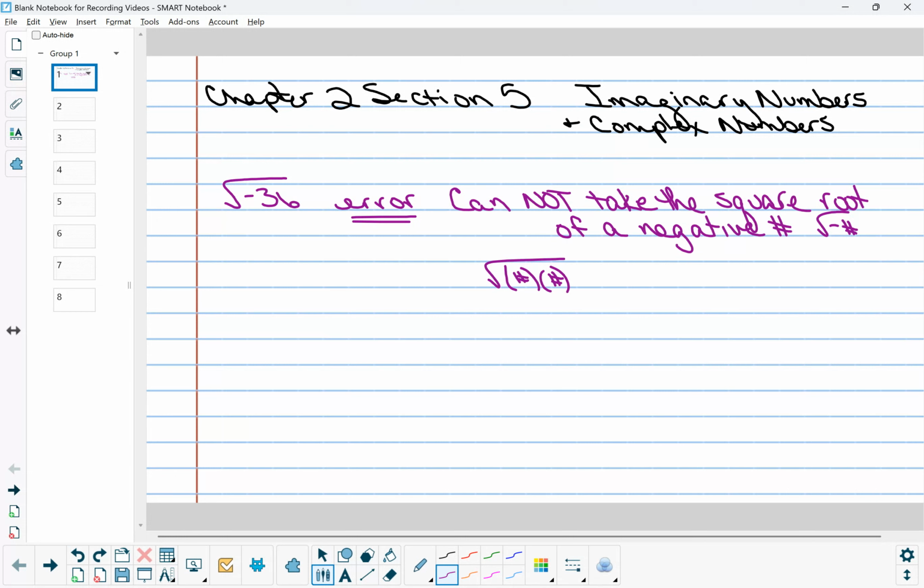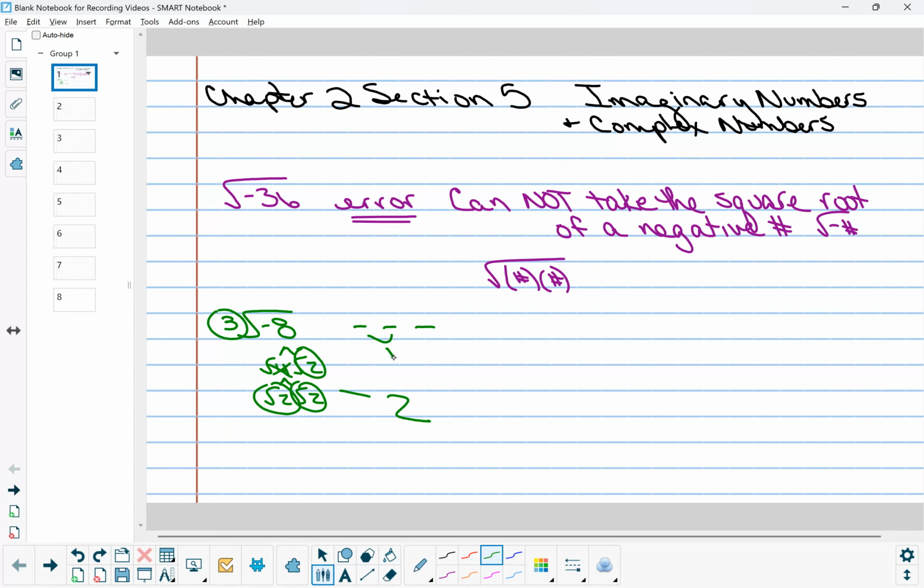And here's an example of where you could do something like that. If I had the cube root of negative 8, okay, well, if I break down 8, ignore the negative for a minute, this gives me 4 and 2, and then the 4 becomes a 2 and a 2. And remember that the index means I need 3 of the same thing to get one out. So a 2 and a 2 and a 2 gives you a 2. Well, what's a negative times a negative times a negative?